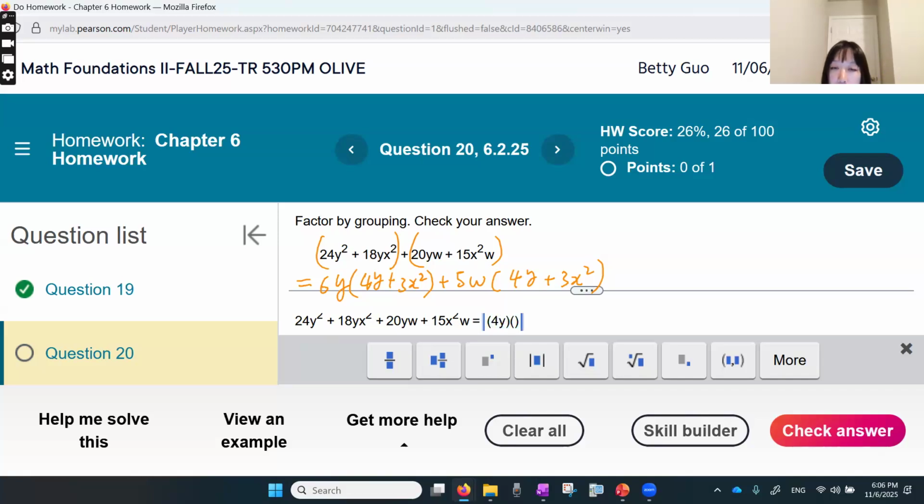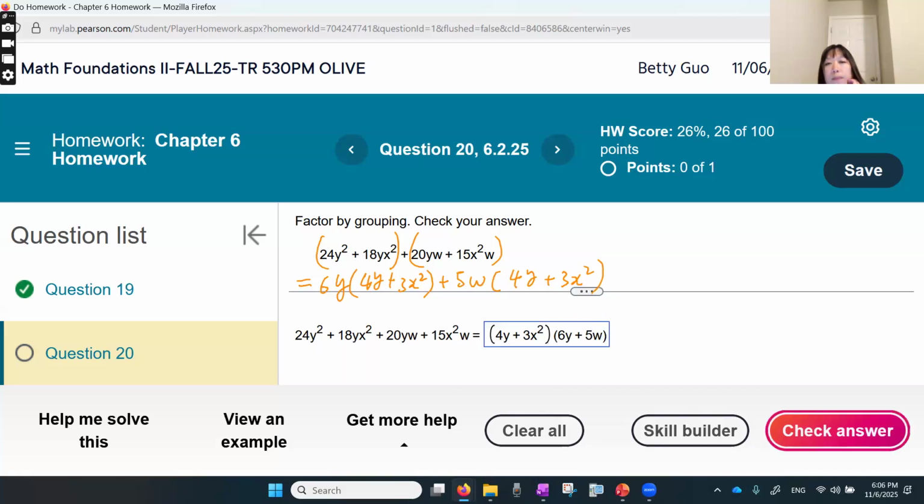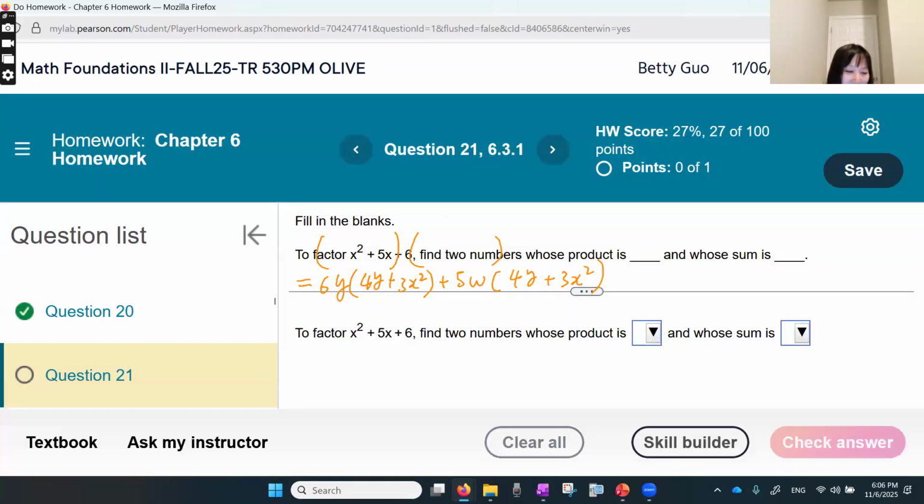We have a lot of questions because it's just to force you to repeat the process. Inside the second parentheses, what do we have? 6y plus 5w. Exactly. 6y plus 5w. That's it.